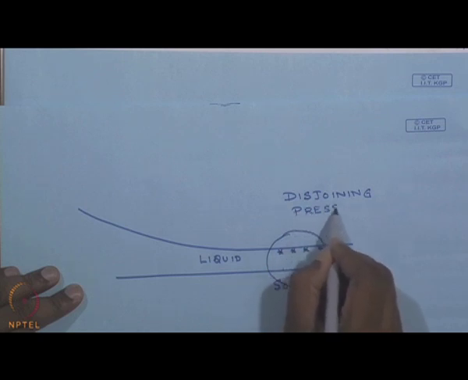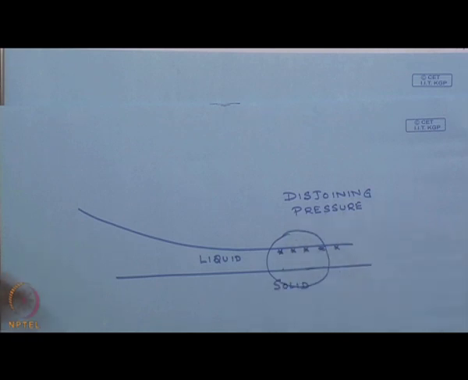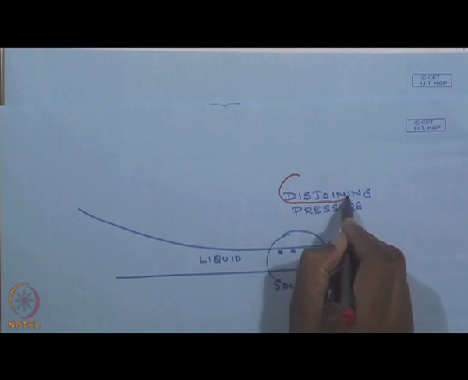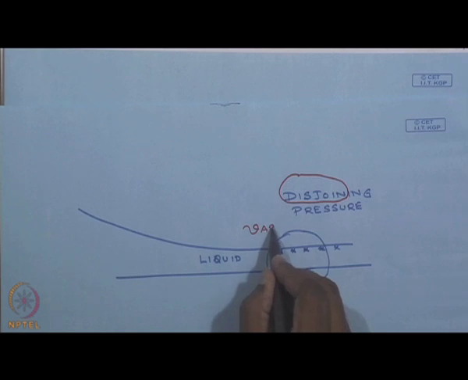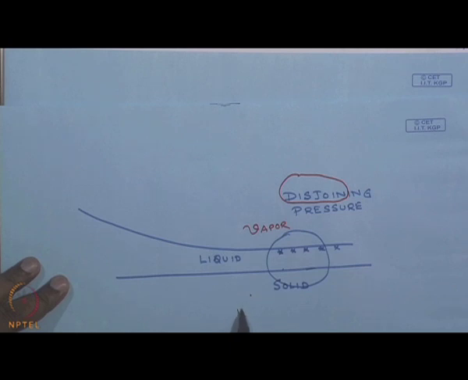The name disjoining pressure came from the fact that the interactive force disjoins the vapor from the solid by introducing a liquid film in between. The disjoining pressure is expressed as a function of the film thickness.